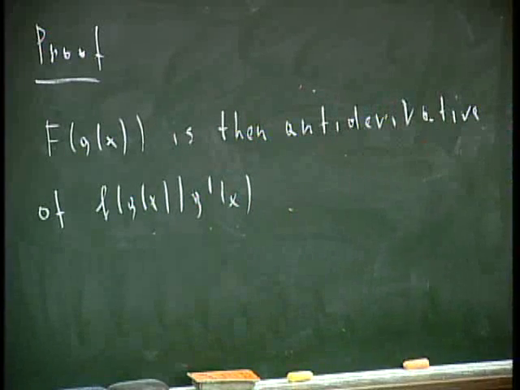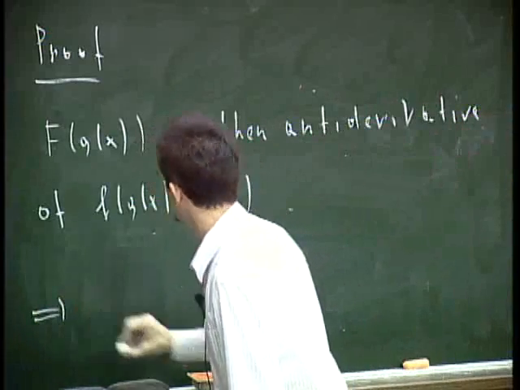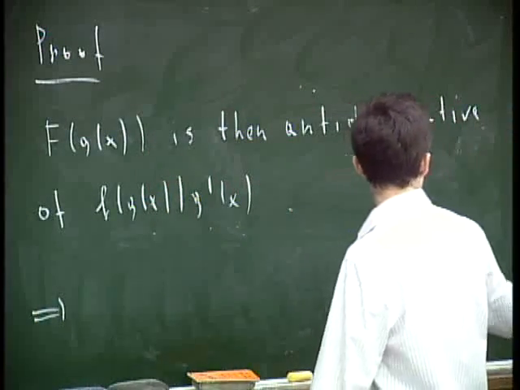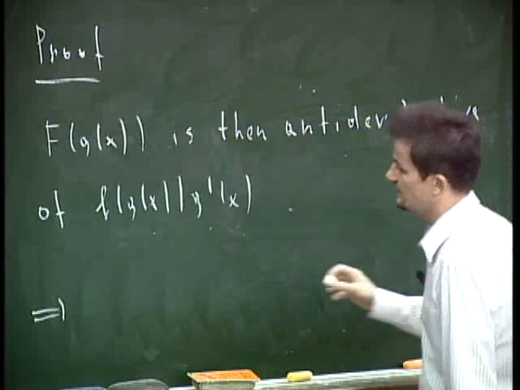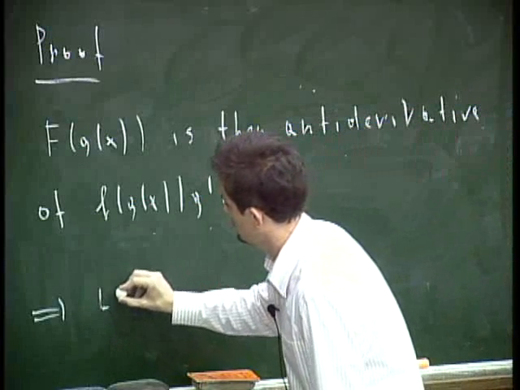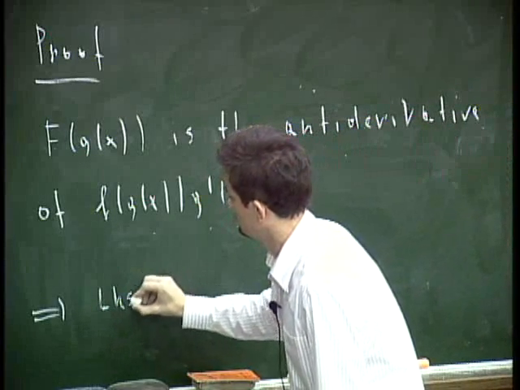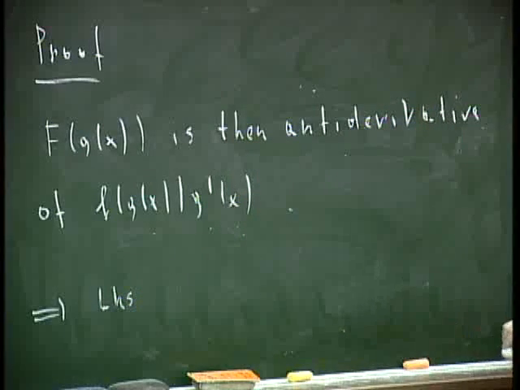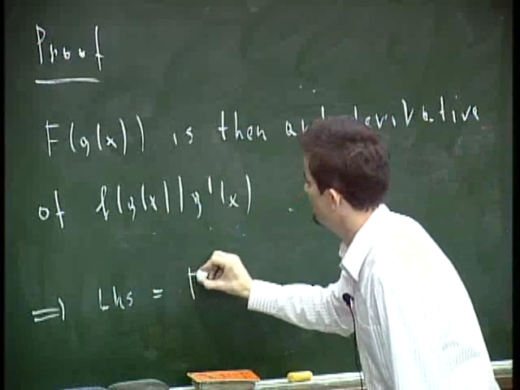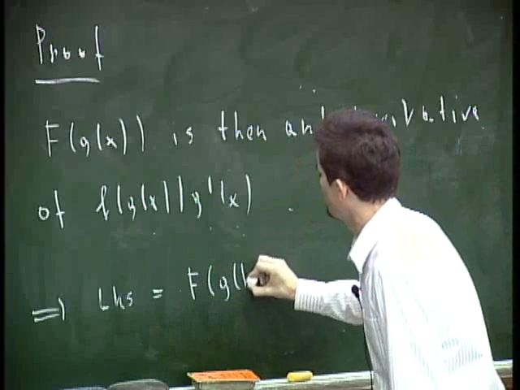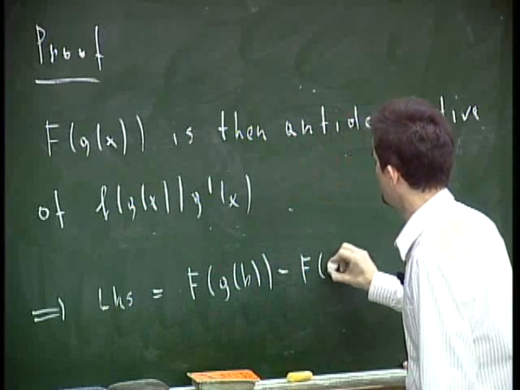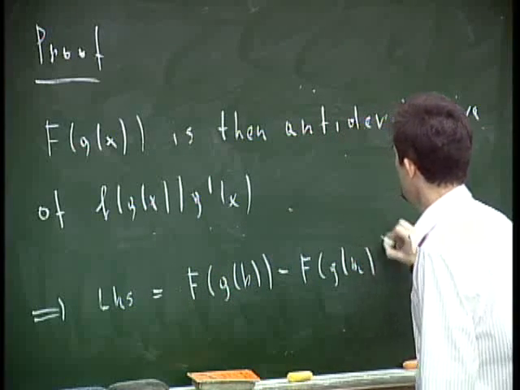So you see that by the fundamental theorem of calculus, the left-hand side is equal to F of g of b minus F of g of a.